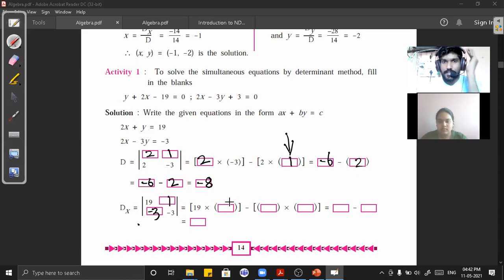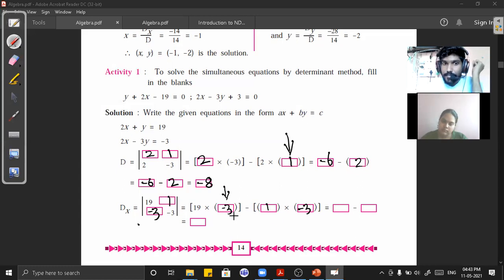Just go box wise. In this first box, tell me. 19 into minus 3. And here? 1 into minus 3. What about the sign?